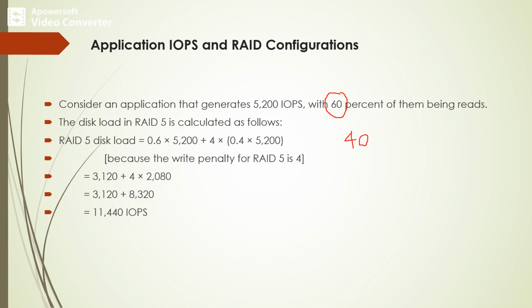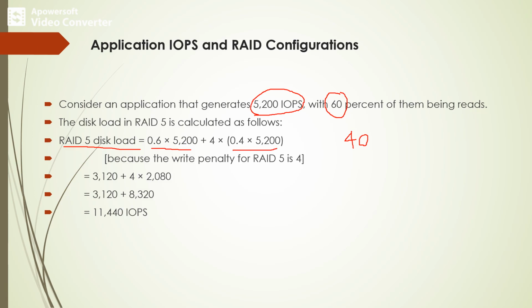So now I have to compute the disk load with respect to RAID 5. Here 60% of the 5200 IOPS are read operations, and the remaining 40% is write operations.